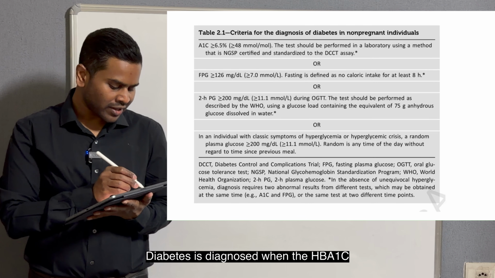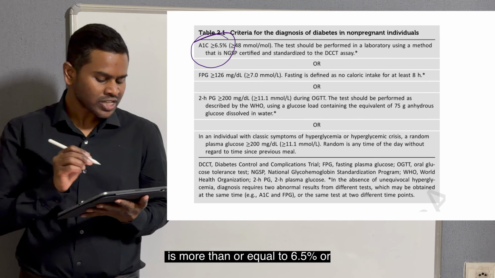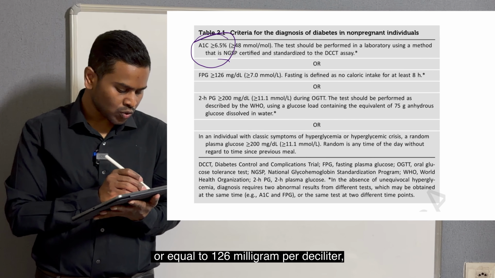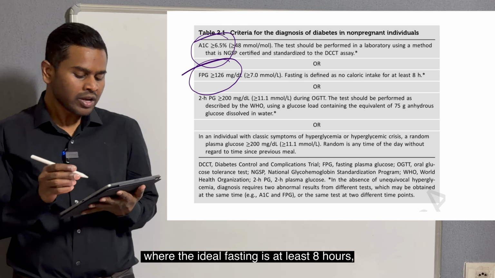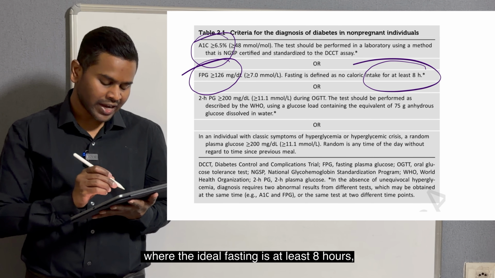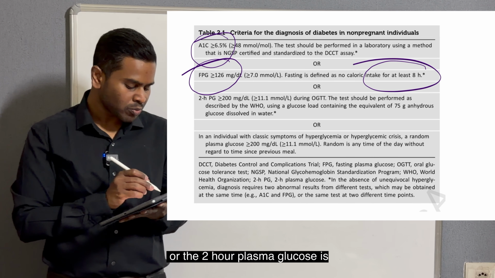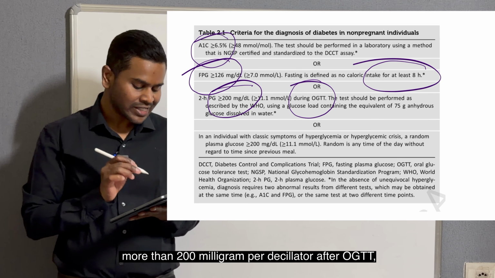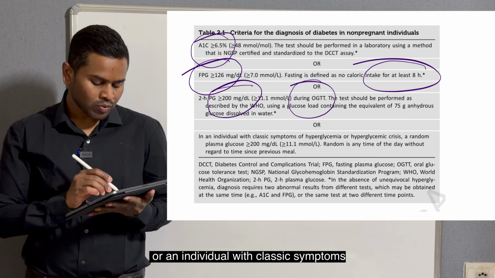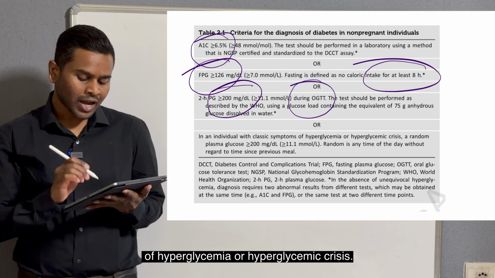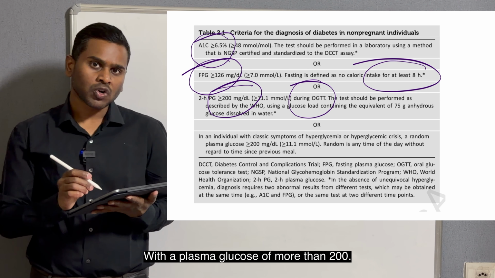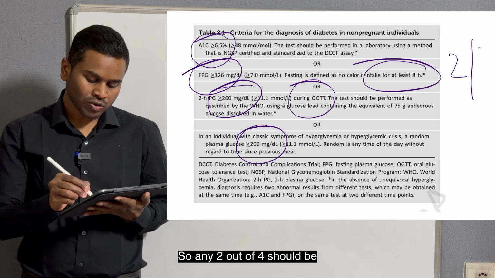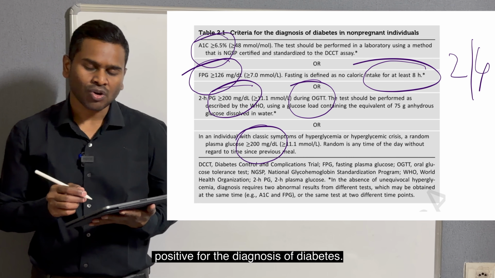Diabetes is diagnosed when the A1C is more than or equal to 6.5% or the fasting plasma glucose is more than or equal to 126 milligram per deciliter, where the ideal fasting is at least 8 hours, or the 2-hour plasma glucose is more than 200 milligram per deciliter after OGTT, or an individual with classic symptoms of hyperglycemia or hyperglycemic crisis with a plasma glucose of more than 200. So, any two out of four should be positive for the diagnosis of diabetes.